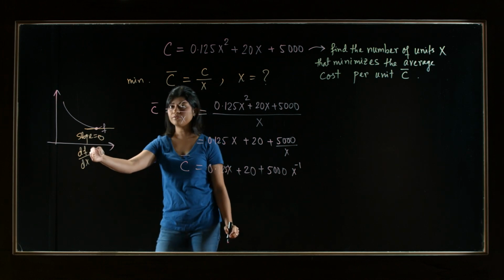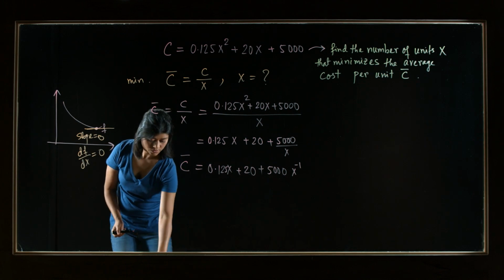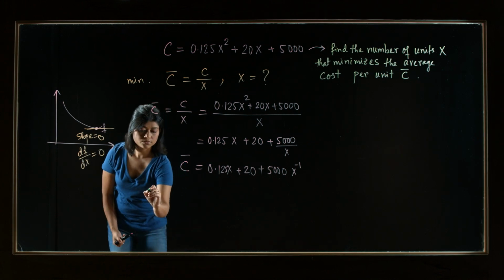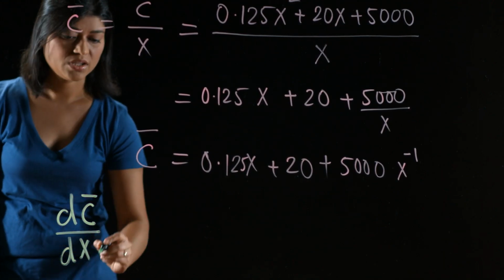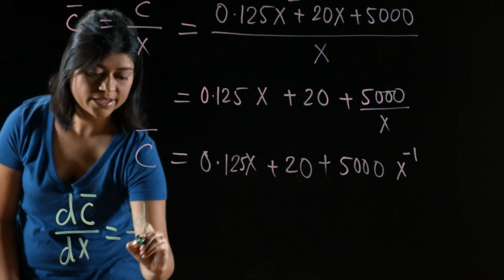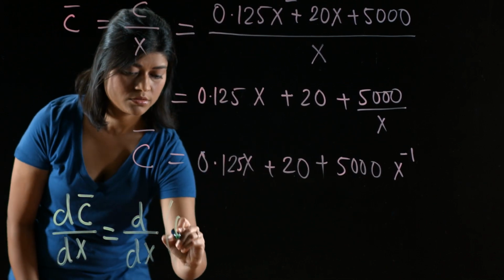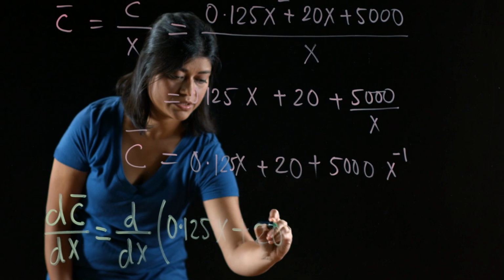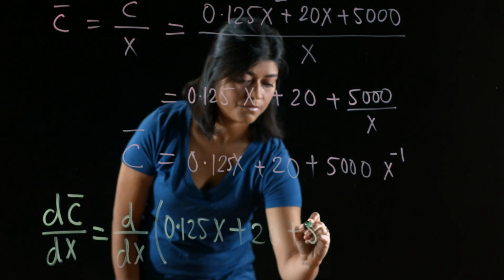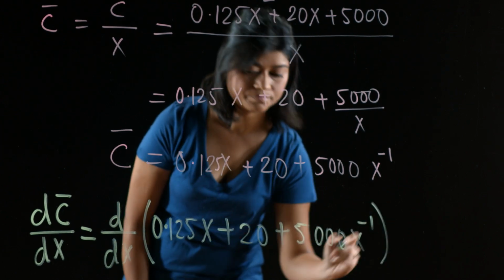And now I have to take the derivative, set it equal to 0 and figure out the minimum point. So let's take the derivative. What is d/dx of C bar? That is d/dx of this whole expression, 0.125x plus 20 plus 5,000 x to the negative 1.